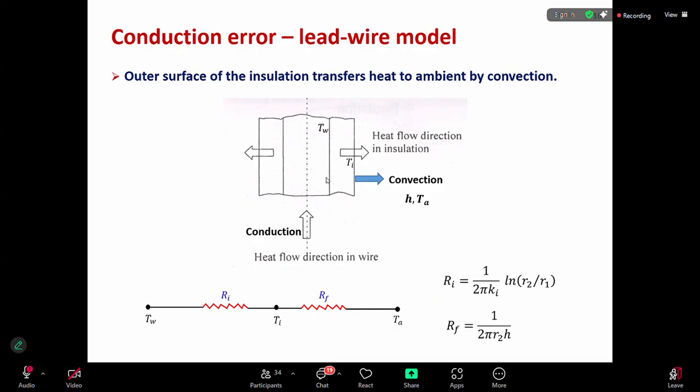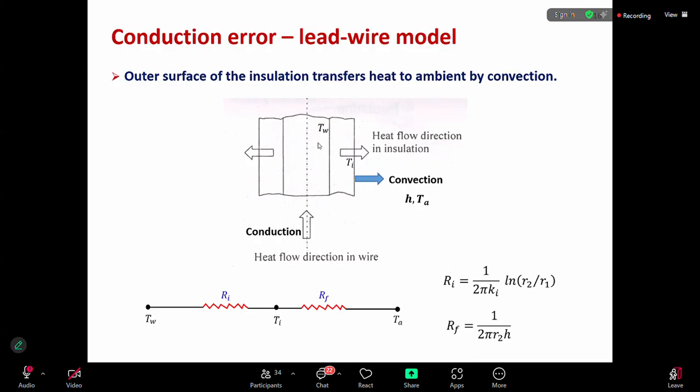For a coaxial cylinder, resistance is nothing but the temperature difference divided by the heat flux, like how electrical resistance is voltage difference divided by the current. Same way, you can find out the insulation resistance. I'm not going to show you the math here because that is part of heat transfer, but you can refer to some textbook on heat transfer. This is simpler to understand.